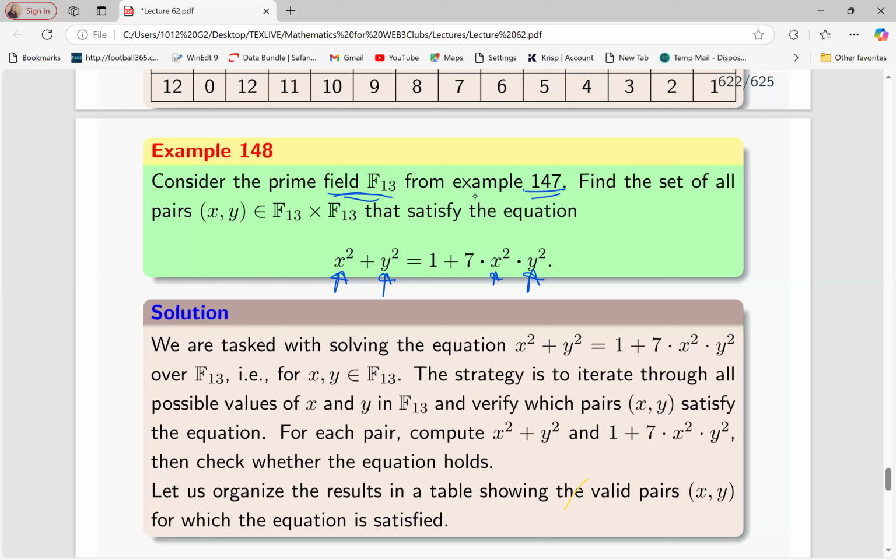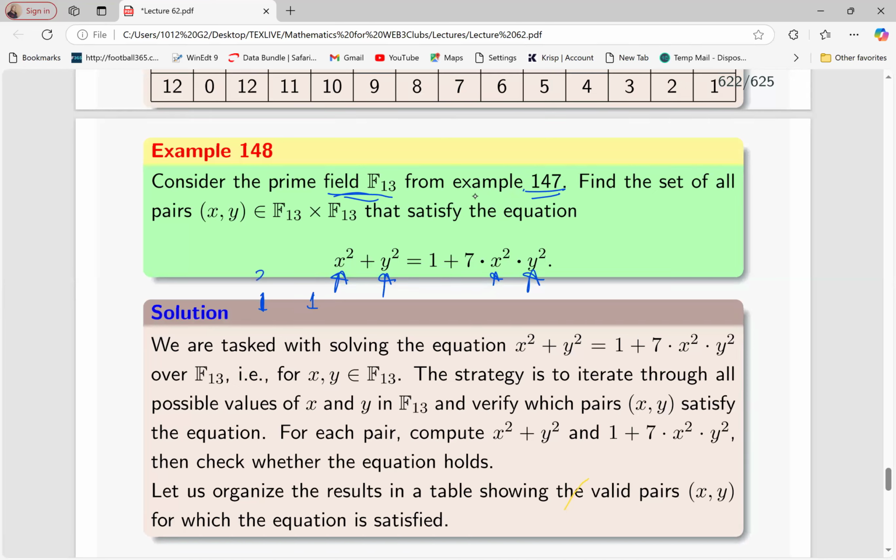This kind of question becomes easy if you were to create a program. But without a program, it means you must form a multiplication table for each of the elements and check, for instance, if x is 1, its square will be 1.